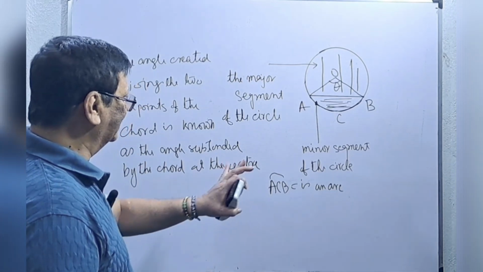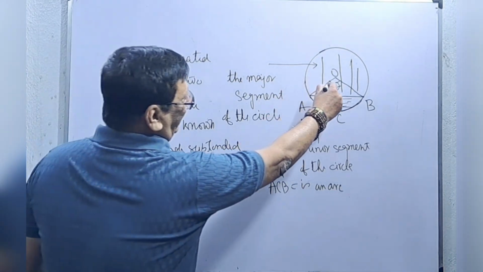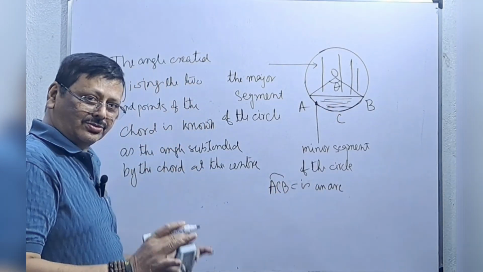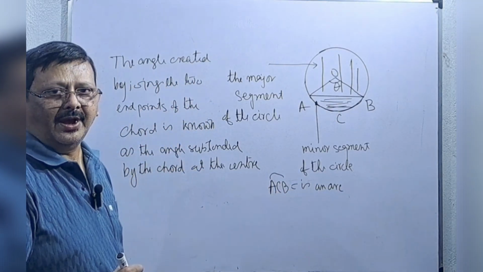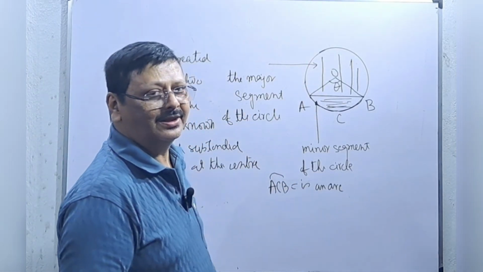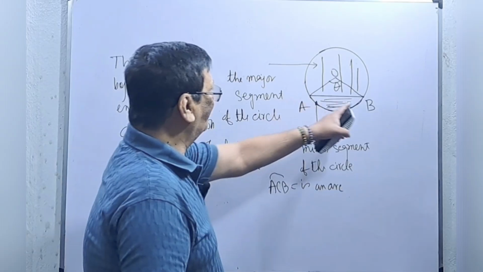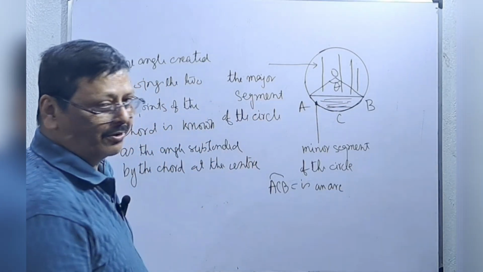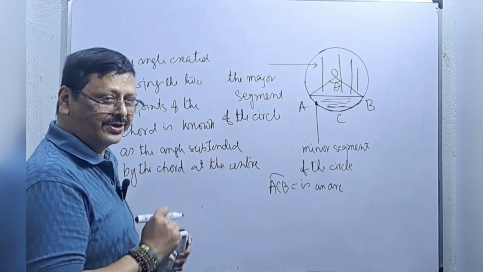So similarly we can say the angle here subtended by the arc is also theta. That means the arc also subtends an angle theta at the center because the points A and B are the same, correct? So this is a very important part that I wanted to stress.